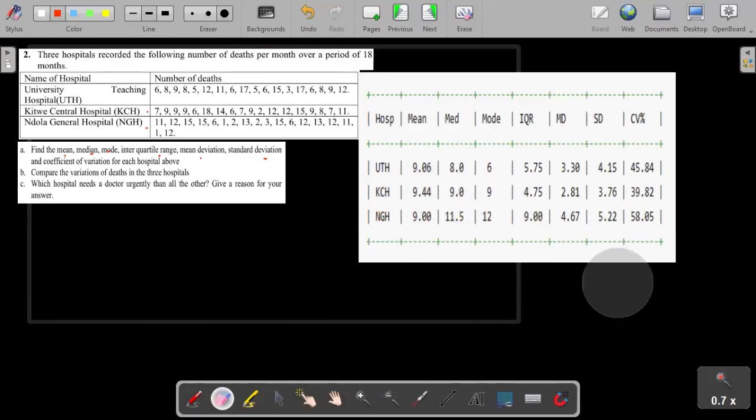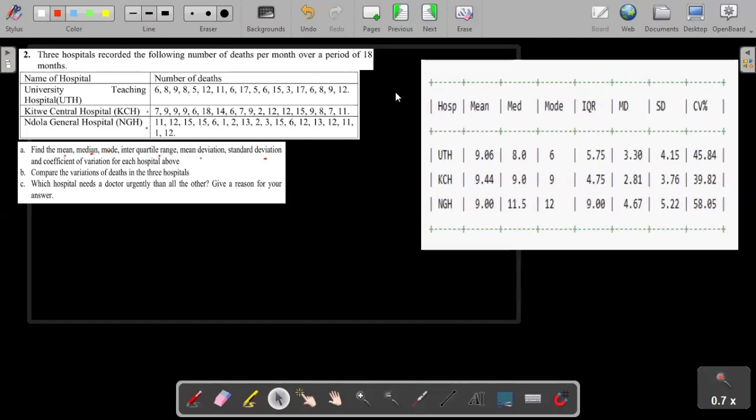So these are the answers that you should strive to get for KCH. Just do the same thing that we did on the UTH. Even for the NGH, you should get these ones here.